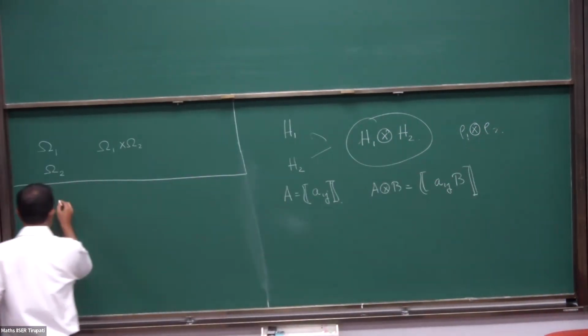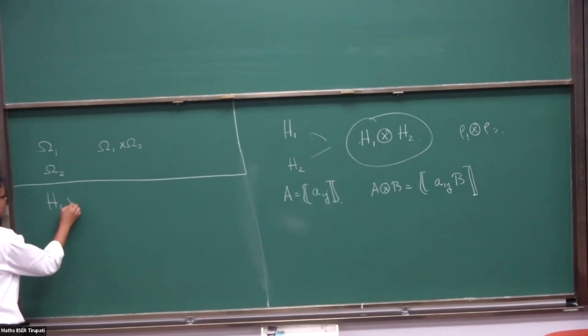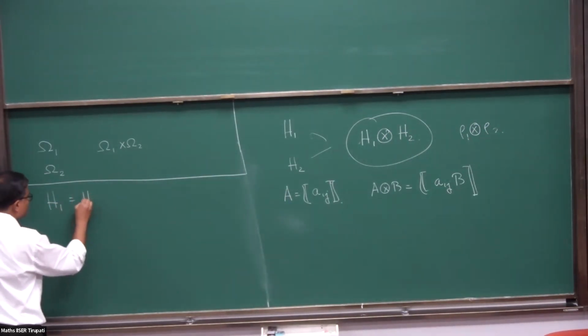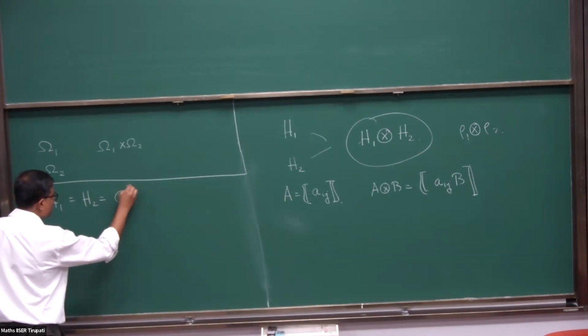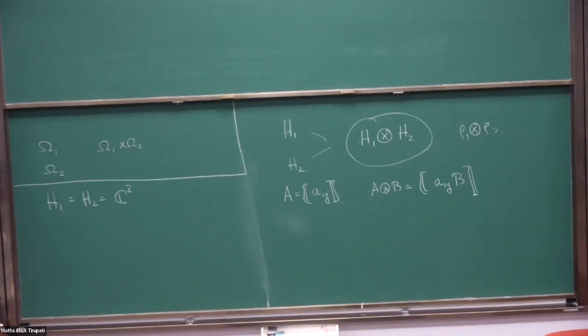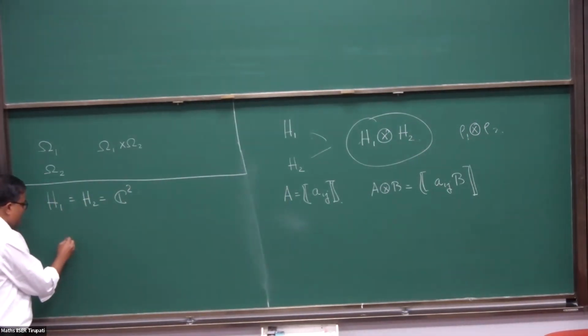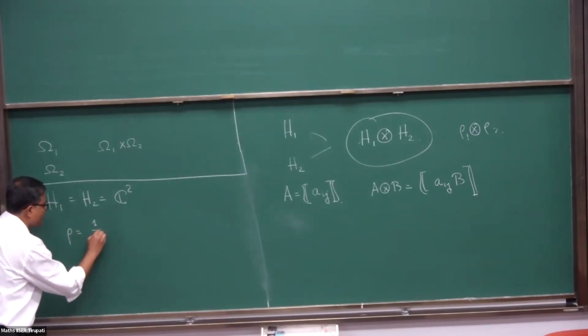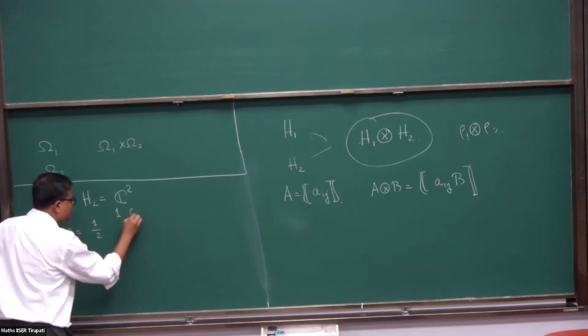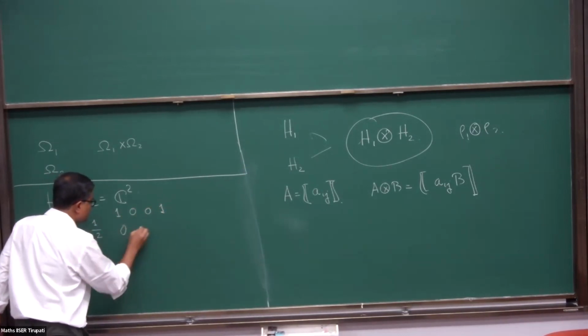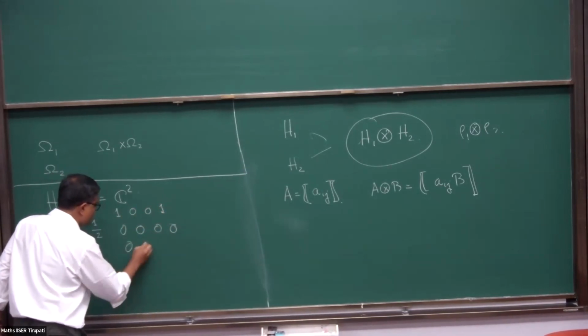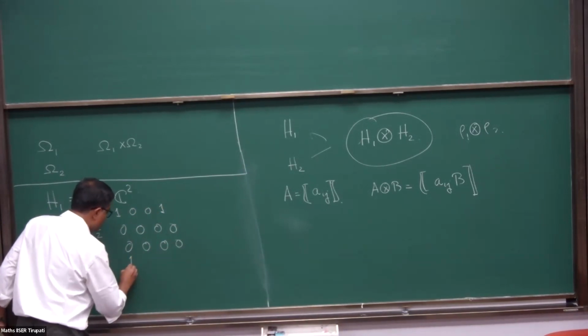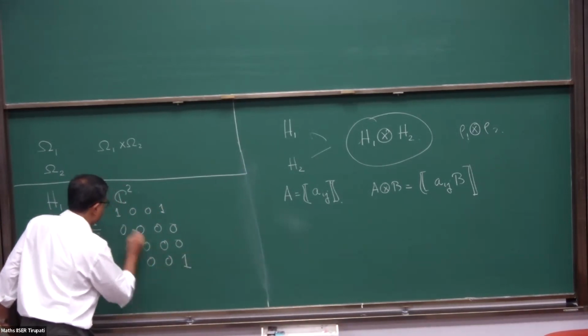I should give an example. Consider the situation in which H 1 is equal to H 2 is equal to C 2, and you take the state rho as half of the matrix with entries 1 0 0 1 in the first row, zeros in the middle rows, and 1 0 0 1 in the last row.